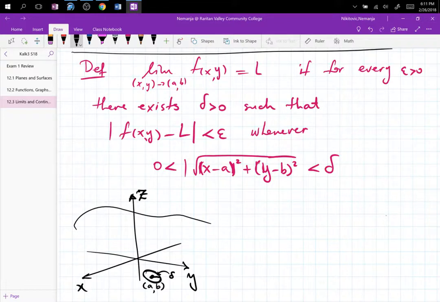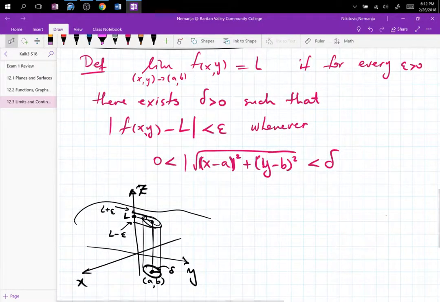So the point (a, b) is going to hit the surface and then hit z somewhere. Now the delta circle creates this third-dimensional tube around which gives you a one-dimensional image. So if this point is your L, then this point over here is your L minus epsilon, and the point on top is L plus epsilon. And the radius of the circle on the bottom of the disk is delta.